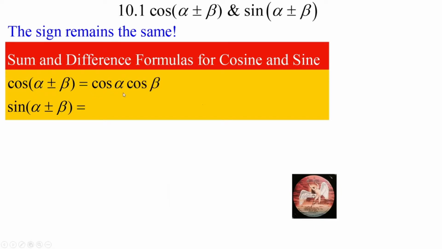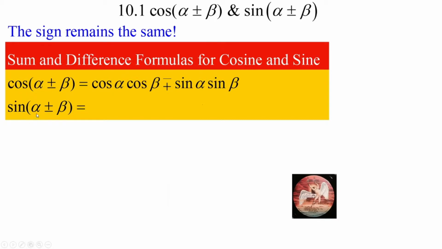All right, so the functions are the same, but now if this were a plus, this would be a minus, and if this were a minus, this would be a plus. So we write this in the identity, just a minus over a plus. That tells us we're doing the opposite here. And then we have sine of alpha, sine of beta.